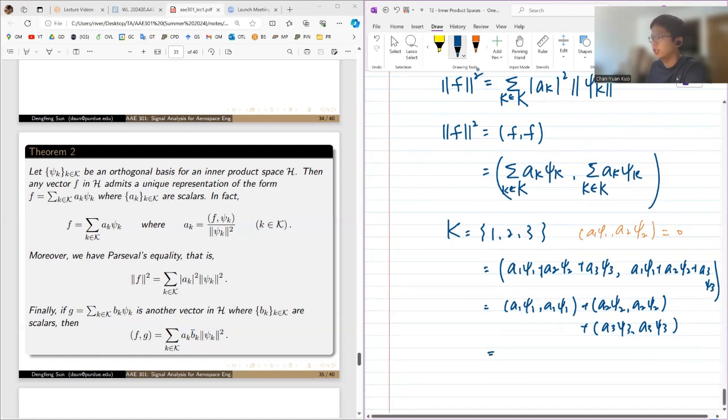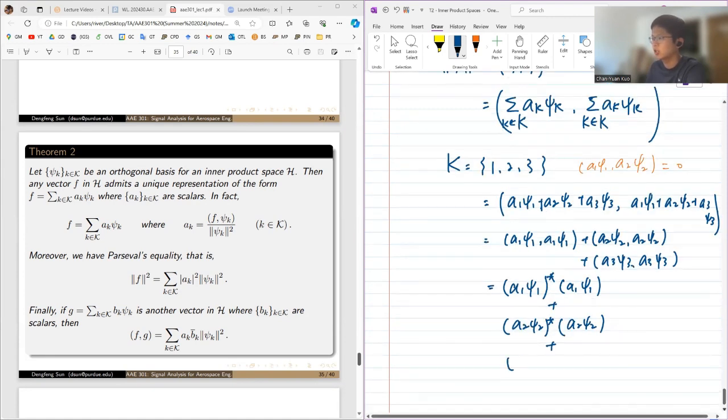Let's write it this way. We have the complex conjugate transpose of a1 psi 1 times a1 psi 1, plus the complex conjugate transpose of a2 psi 2 times a2 psi 2, plus the complex conjugate transpose of a3 psi 3 times a3 psi 3.